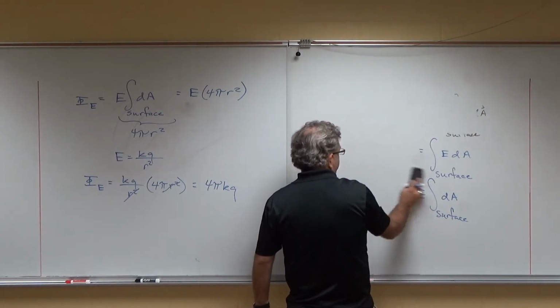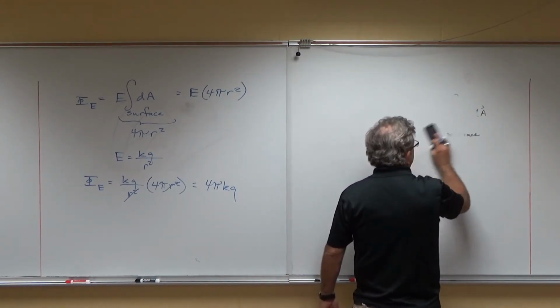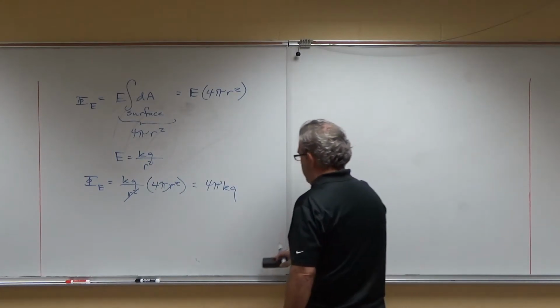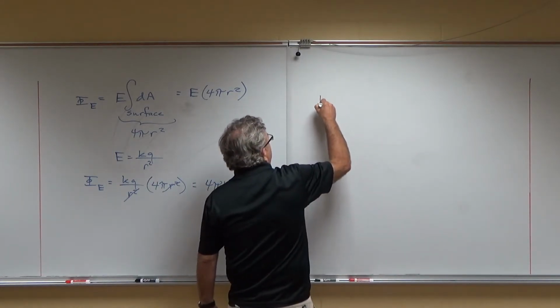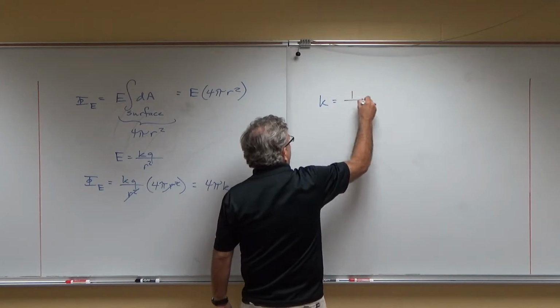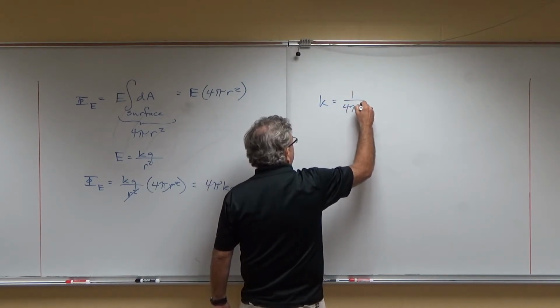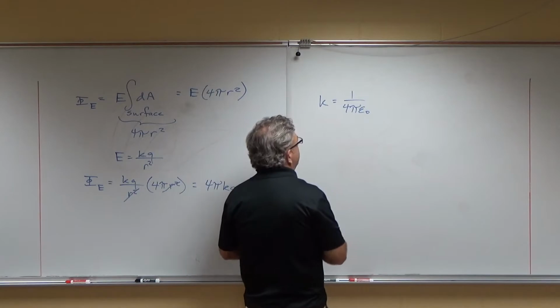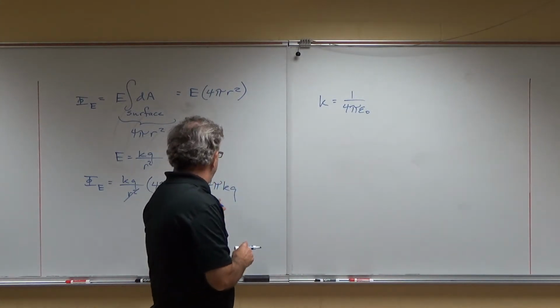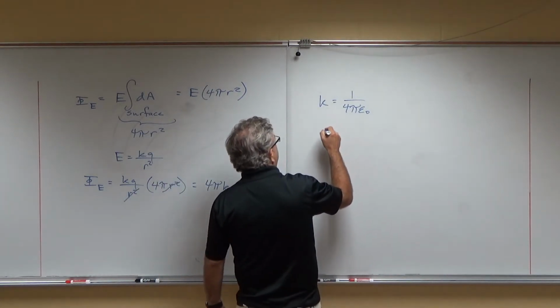But we can make another substitution because K is equal to 1 over 4 pi epsilon naught. So I'll substitute that in here.